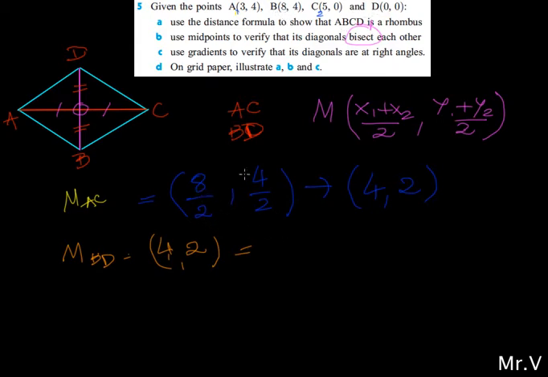Oh, look at that, the same. So 8 over 2, yeah, that's 4, fantastic. Let's see if the y coordinate is the same. So 4 plus 0, that's 4. 4 over 2 is 2. Yeah, great. We just verified that they bisect.